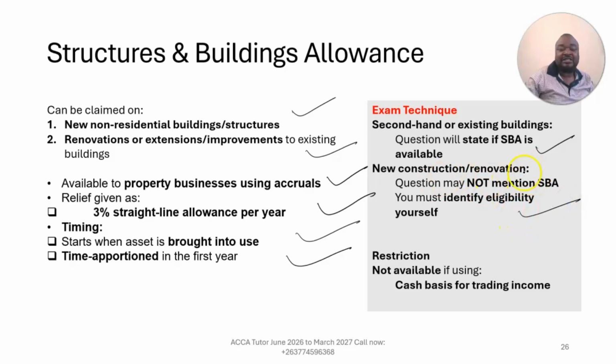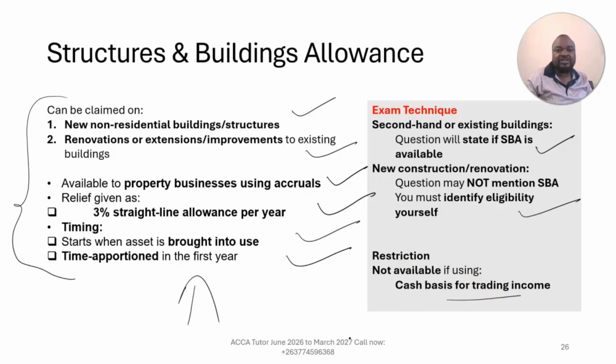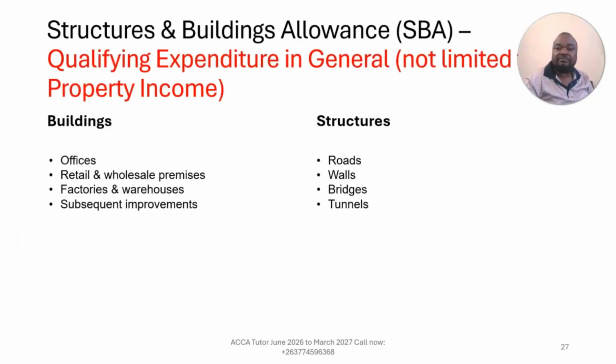So for new constructions or renovations, please utilize this information. Restriction: not available if using cash basis for trading income. So if you are using the cash basis, do not worry about the structures and buildings allowance. Do not consider them.